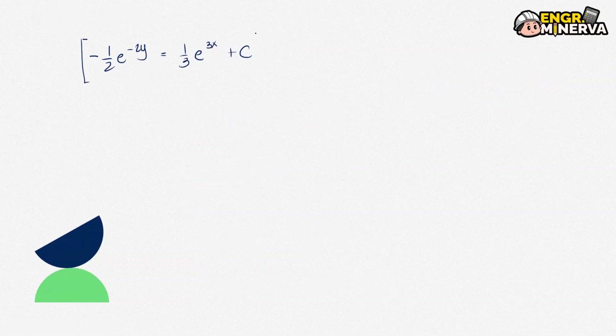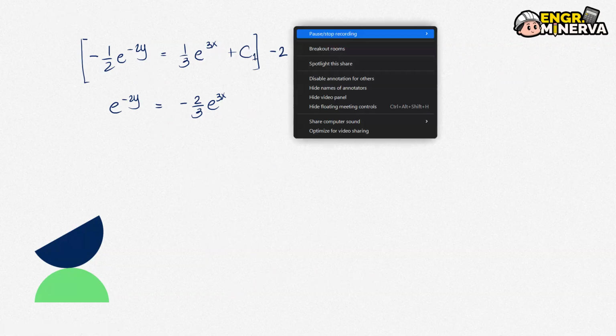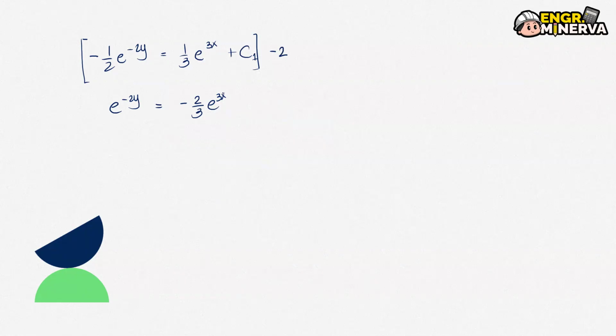We multiply the whole equation by negative 2 so that we will have e raised to negative 2y equals negative 2/3 e raised to 3x. And again, we'll make this our c1 because any constant multiplied by negative 2 would be constant, plus c.